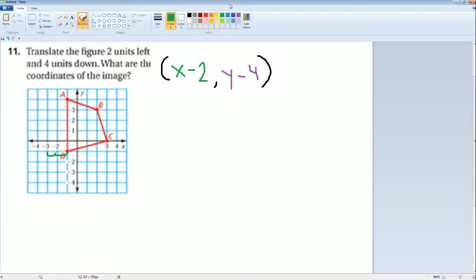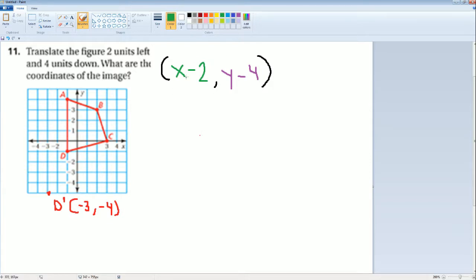Then 4 down. So it goes down 1, 2, 3, 4. So it's this point here. It was this point here. This is our new D prime, and that looks like negative 3, comma, y would be negative 4.